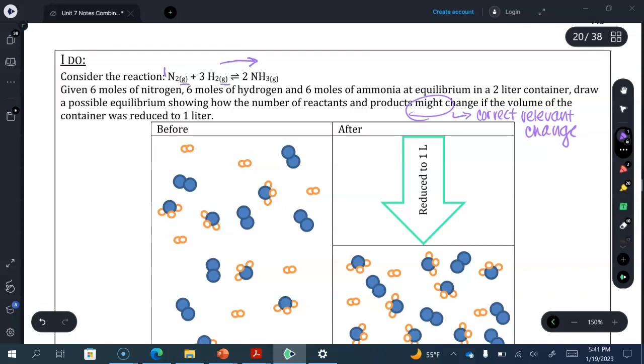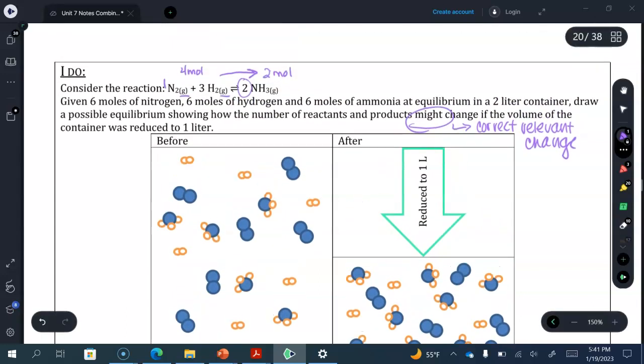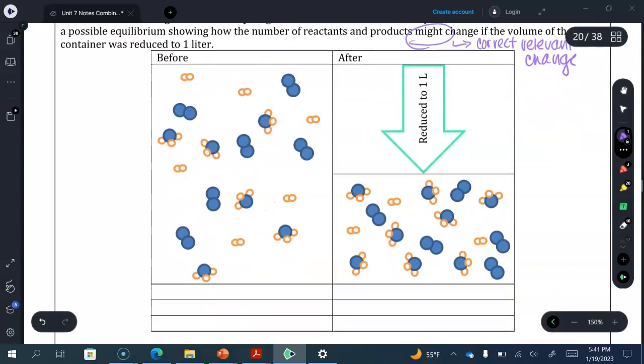Stoichiometrically, that's 1 plus 3, which is 4 moles of gas on this side, compared to 2 moles of gas on this side, and it's a mole ratio. So when we reduce the volume, it needs to adjust how many individual molecules are in there, and so it'll shift to the side with fewer. In this case, it shifts to NH3.